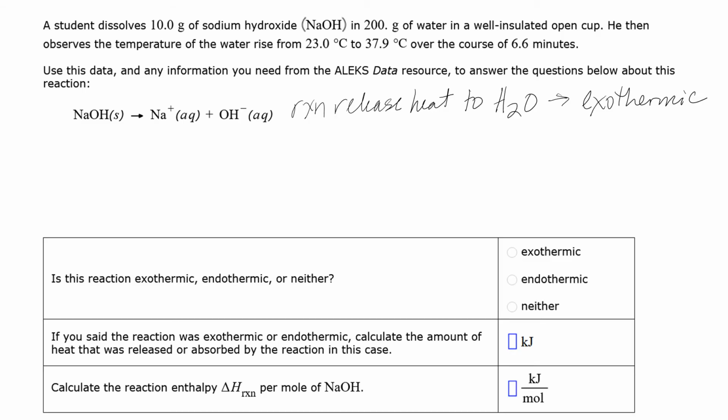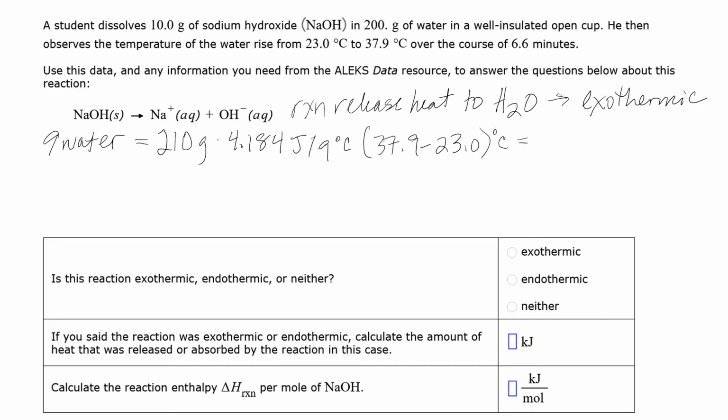Next up is calculating the amount of heat that was released or absorbed in this case. What is this case? This case is we reacted 10 grams of sodium hydroxide in 200 grams of water. What's our mass of solution? Well, if you combine 200 grams of water and 10 grams of sodium hydroxide in a beaker, you have a total mass of 210 grams. We just said we know the specific heat.